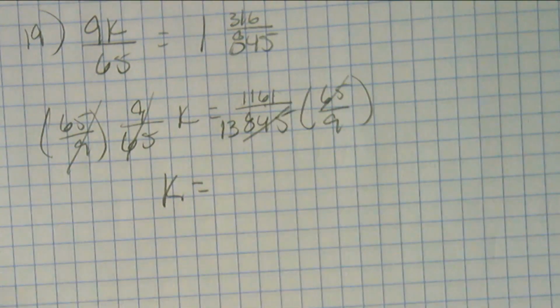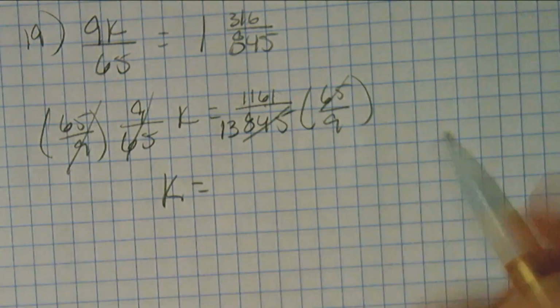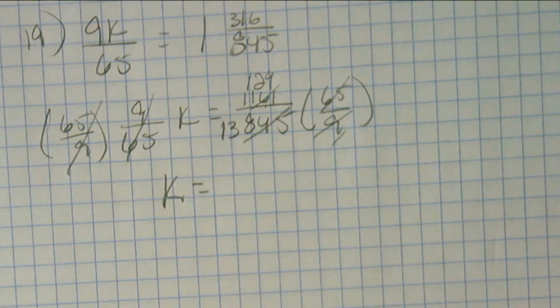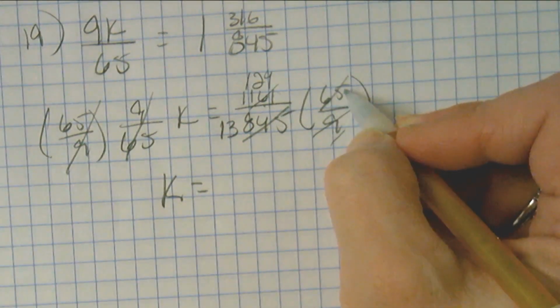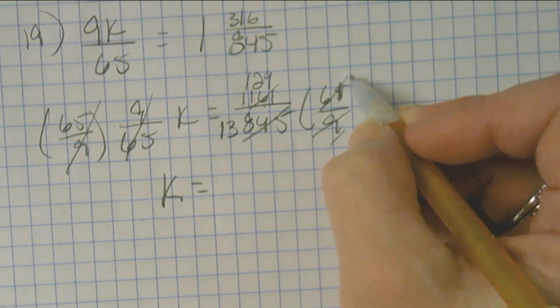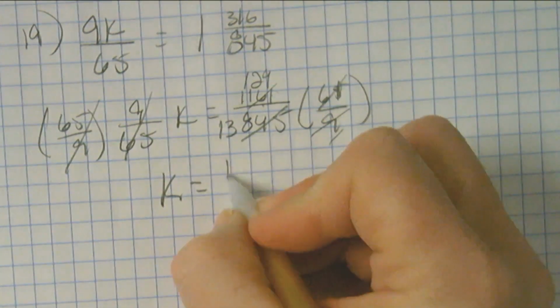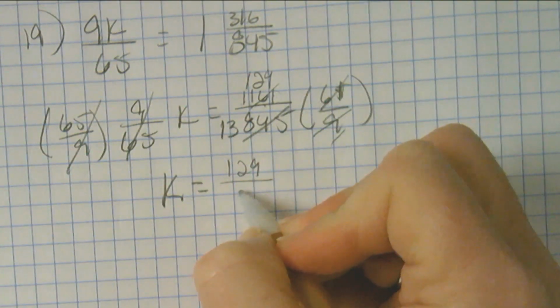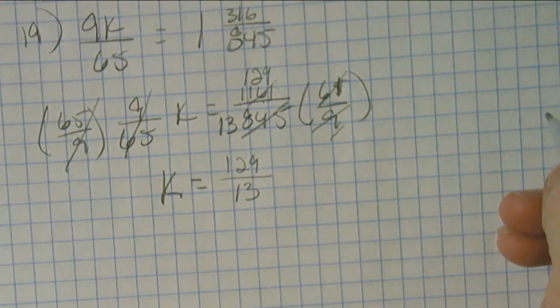So I'm going to go ahead and divide that by 9, and I get 129. So I end up with 129 over 13. Yep, I did that right.